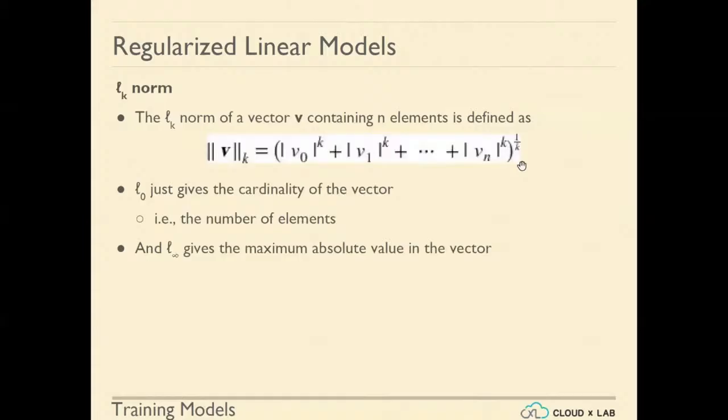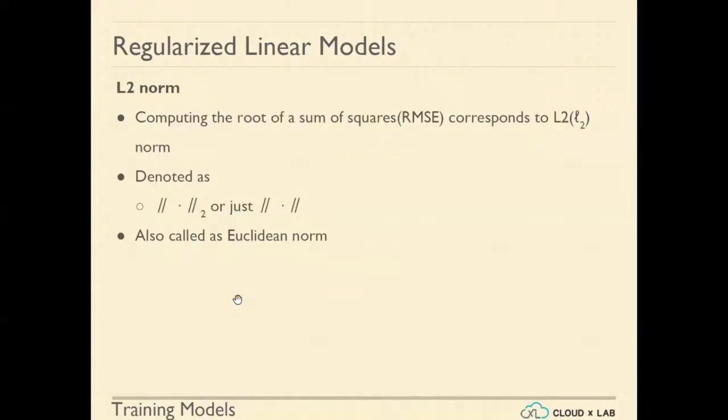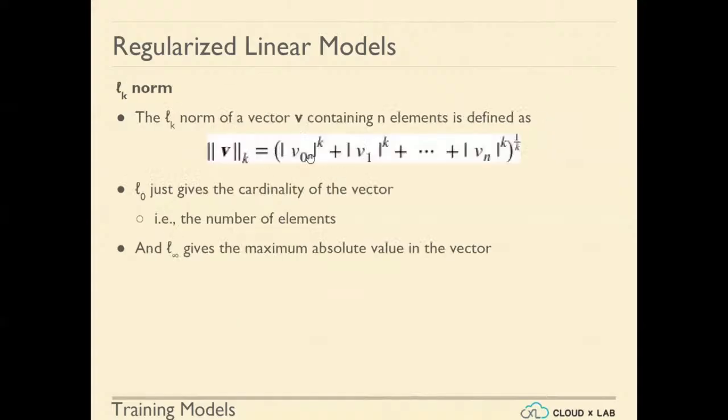Yes. We do have several other norms. So, for example, L0 norm, L infinite norm, but mostly we will either use L1 norm or L2 norm, right? So this is the formula for Lk norm. And L0 just gives the cardinality of a vector, right? So number of elements. Suppose we have k number of elements, then L0 norm will give k.